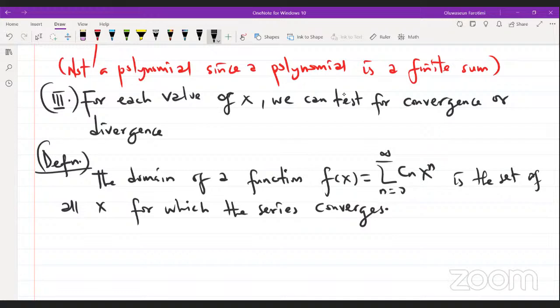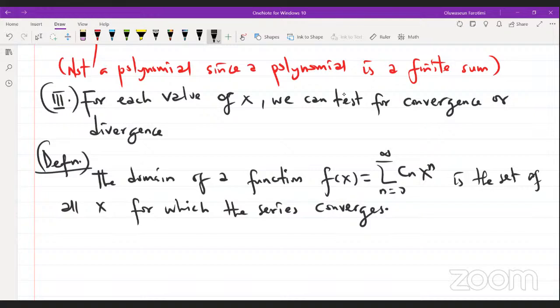So I can ask you for the domain of that function. Think about calculus 1. When you find the domain of a function, you're talking about values of x for which the function is satisfied, or for which the function exists. But right now, when we talk about power series, we're talking about the set of values of x for which this series converges, okay?